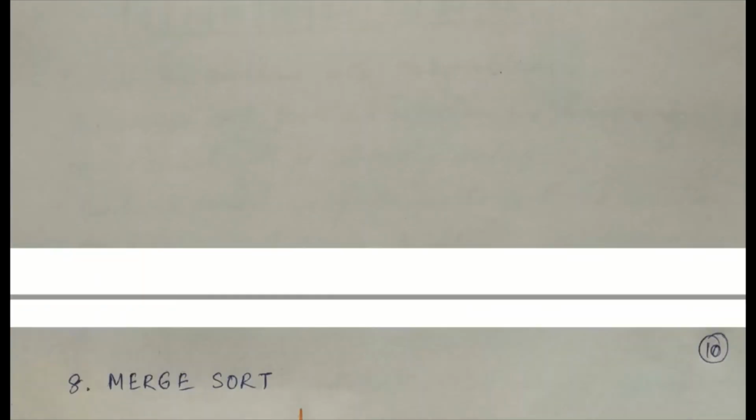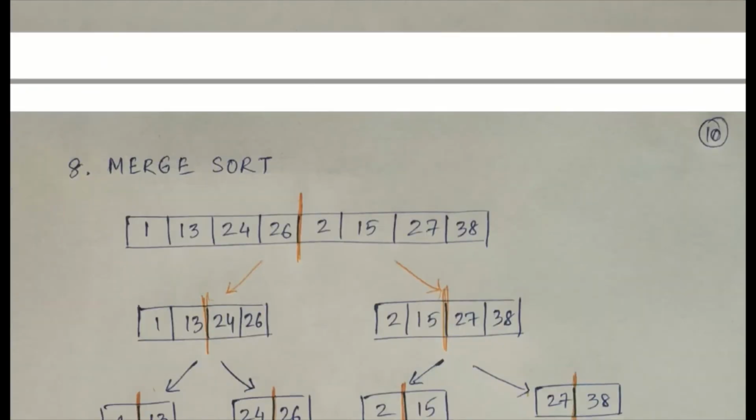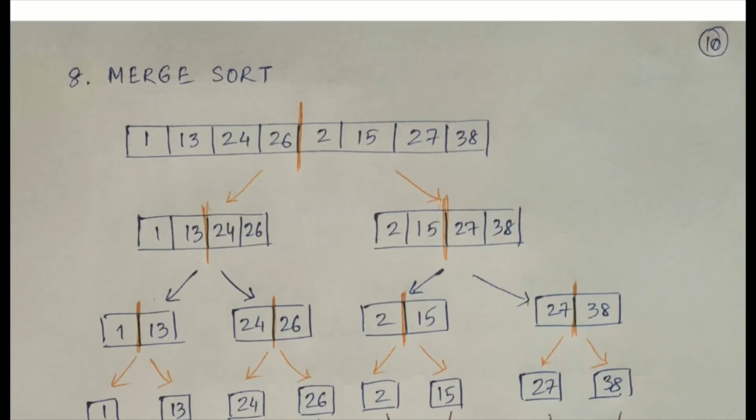Now the main two sorting algorithms that you will be studying a lot in your algorithms course are Mergesort and Quicksort. Mergesort is a kind of problem solving technique where you try to solve a problem by first solving the same problem but of smaller size.